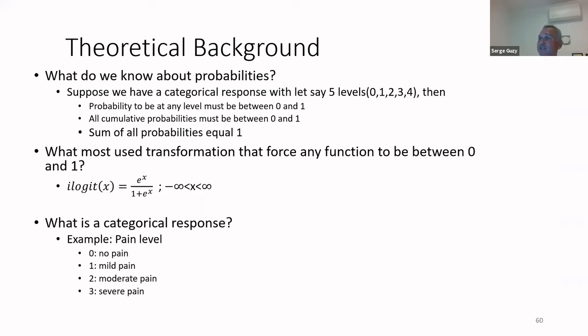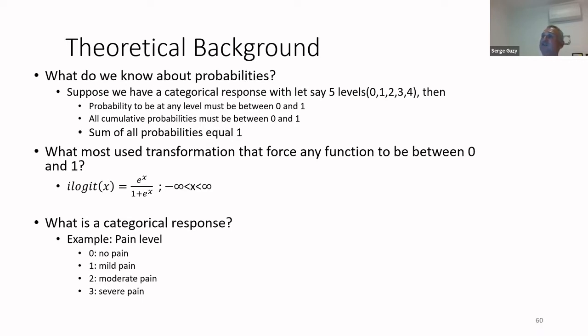Again, this cumulative probability should be between 0 and 1, and should be larger than the probability to be 3 or 2, or the probability to be at level 3. These are basically basic probabilistic rules that we need to always be confined within.